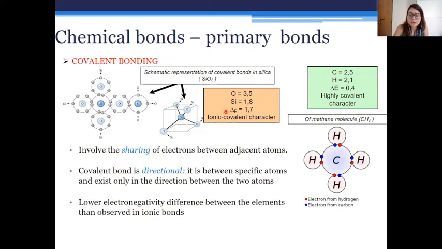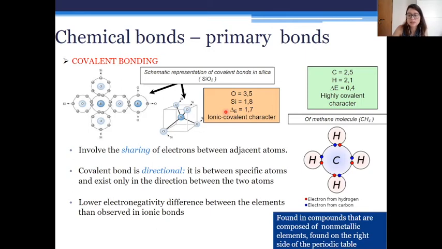In that case, you can see that the difference of electronegativity encountered in covalent bonding between the two atoms is lower than between the two atoms that form ionic bondings. This is a characteristic found in compounds composed of non-metallic elements found more on the right side of the periodic table.